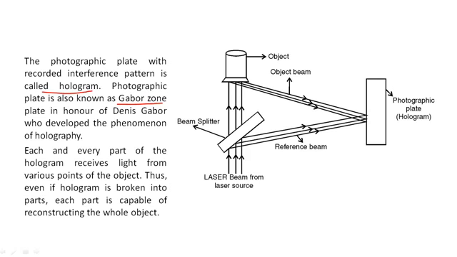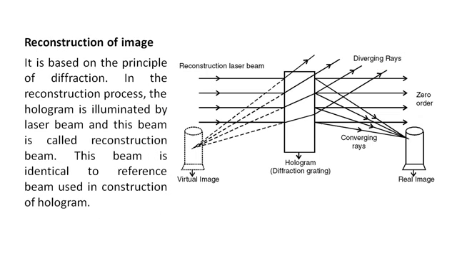You must have understood why the photographic plate is called a hologram, because holo comes from complete, gram means graph. That is, now this photographic plate contains complete information about the object. That's why this is known as a hologram.